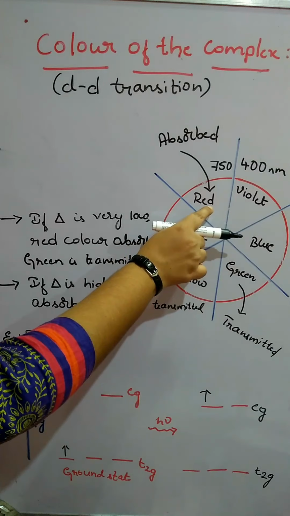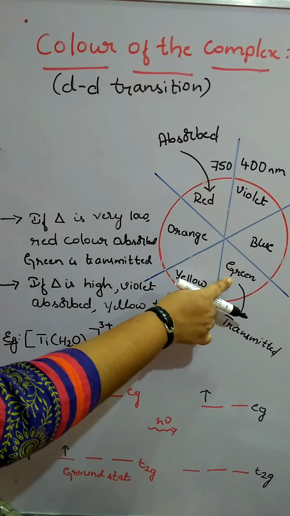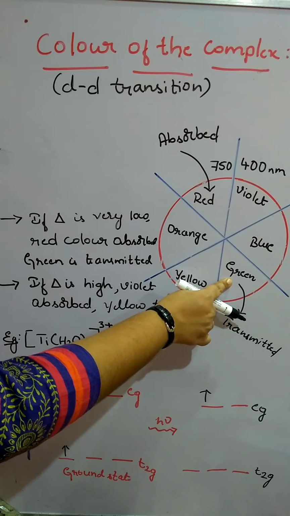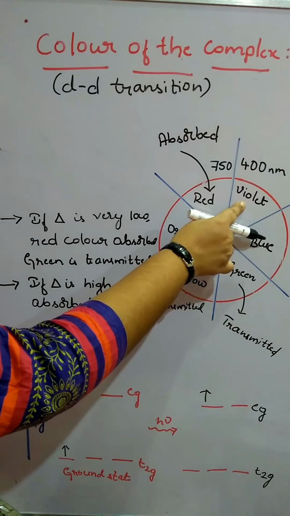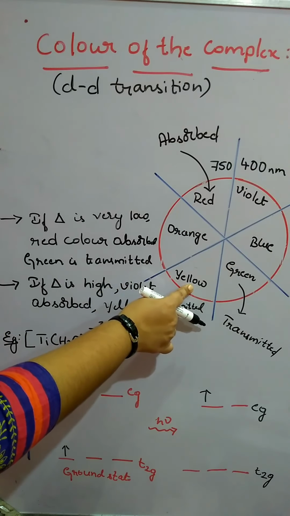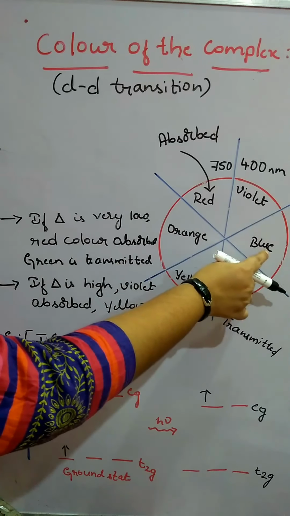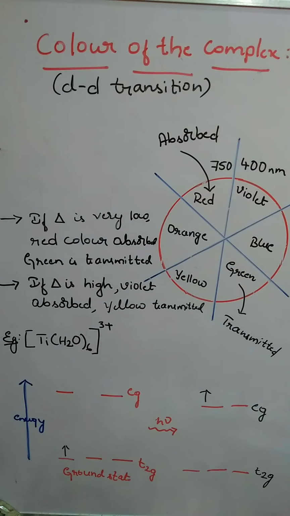If the substance is absorbing red color, then it will appear as green color to us. If it is absorbing violet color, then it will appear yellow to us. Likewise, if it is absorbing orange color, then it will appear as blue color to us.